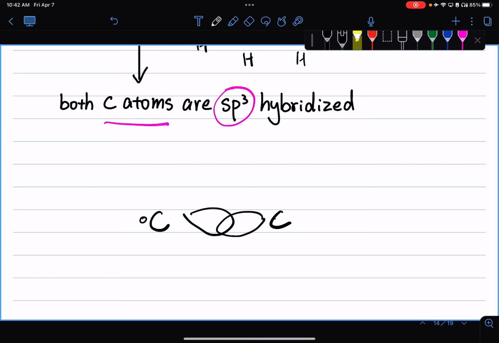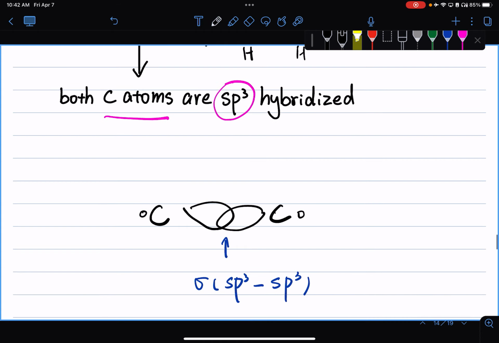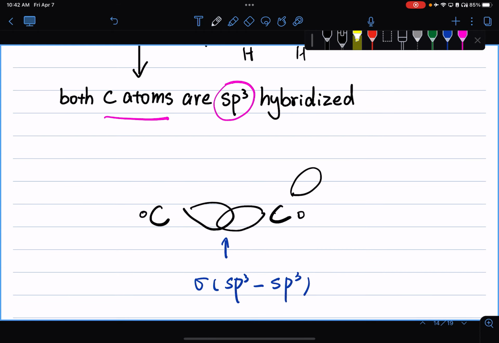Naturally, there should be a small note on the back, but if you don't draw it, that's also okay. So this is our sigma bond in between the sp3 of the left carbon and the sp3 of the right carbon. And you also have these sp3 atomic orbitals making chemical bonds with the hydrogen.